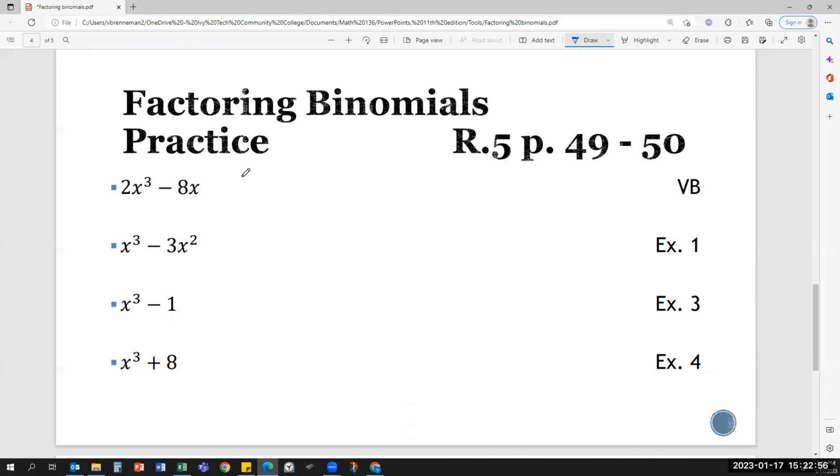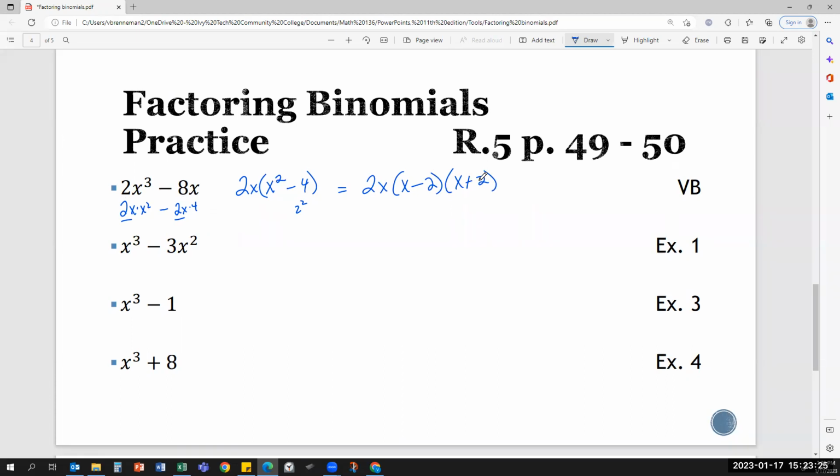So I can factor out a 2x, and what's left in the first term is x squared. So that's 2x times x squared. The second term is 2x times 4. So when we factor out the 2x, we're left with x squared minus 4. That's a difference of squares. 4 is 2 squared. So this becomes then 2x times x minus 2 times x plus 2.